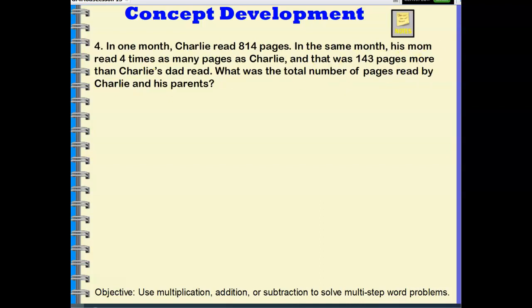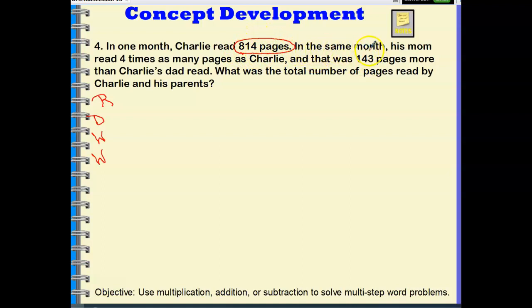All right. So again, this is going to be a multi-step word problem. So I'm going to read my problem. I'm going to draw my information. I'm going to write my number sentence, and then I'm going to write my statement. Okay. So in 1 month, Charlie read 814 pages. So Charlie's reading.